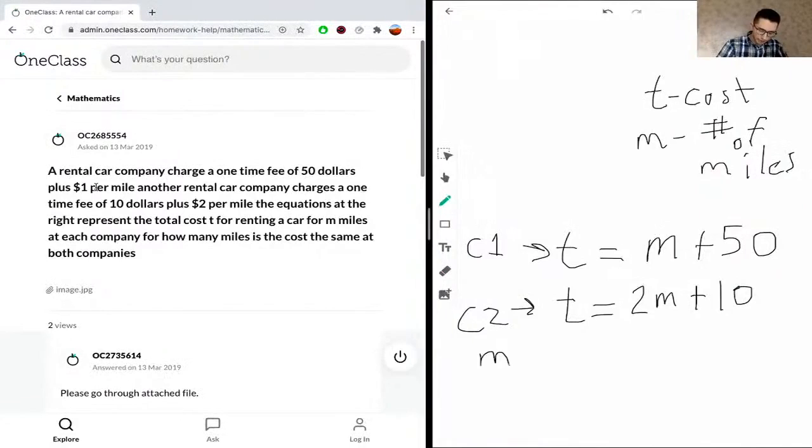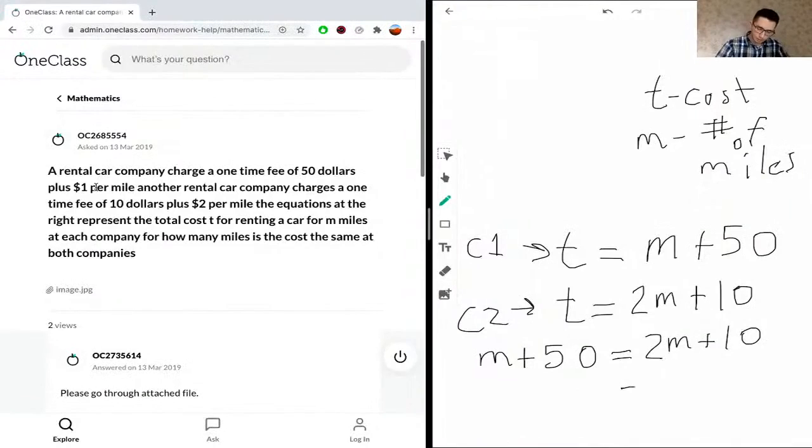So we'll say M plus 50, which is the equation for company one, equals 2M plus 10. So we have to solve now for M to determine how many miles is the cost the same for both companies.